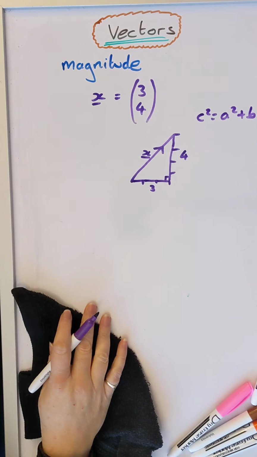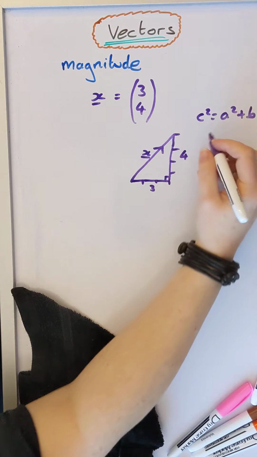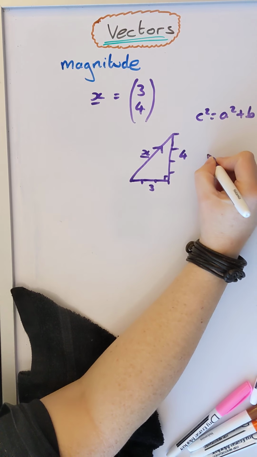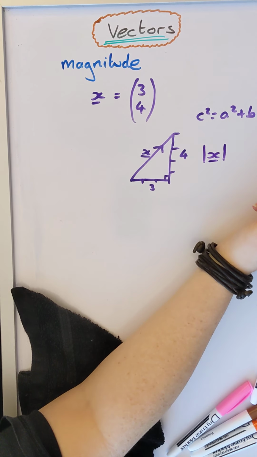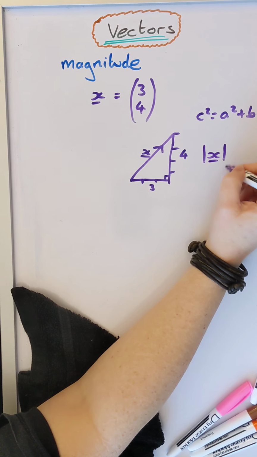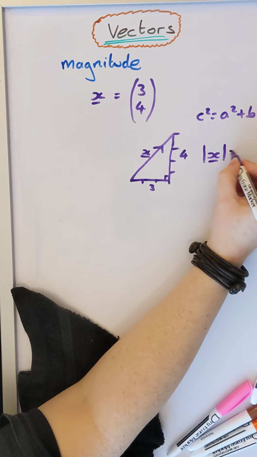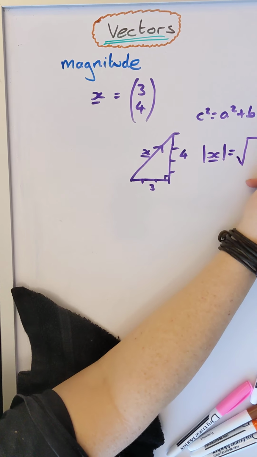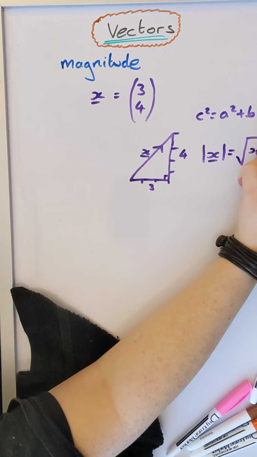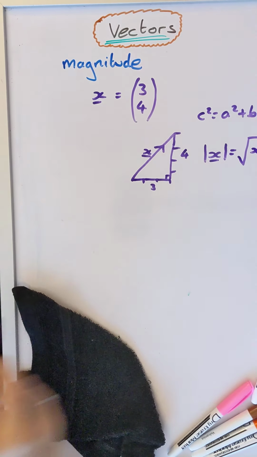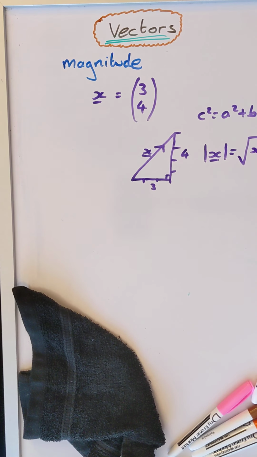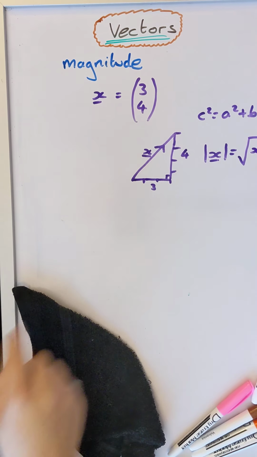However, when we're dealing with vectors, we like to rearrange and make this a little bit easier to deal with. Our magnitude is shown as 2 lines on the side of our x. That tells us we're dealing with the length of x, and we use the formula x squared plus y squared square rooted, which is what you do if you try and find c.